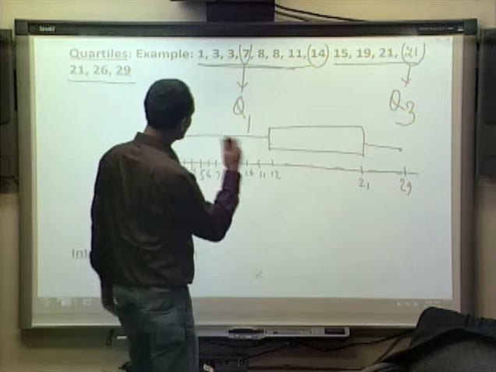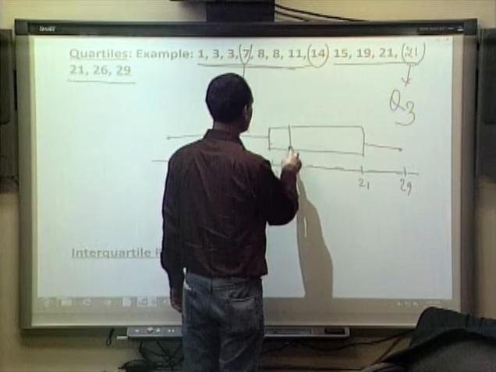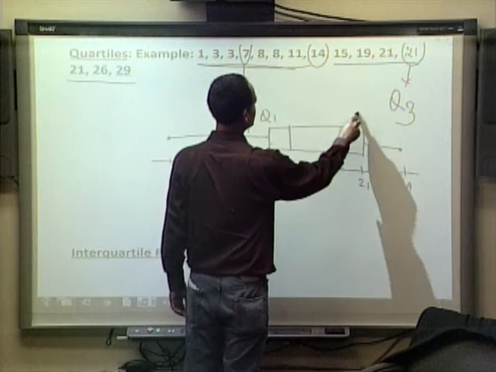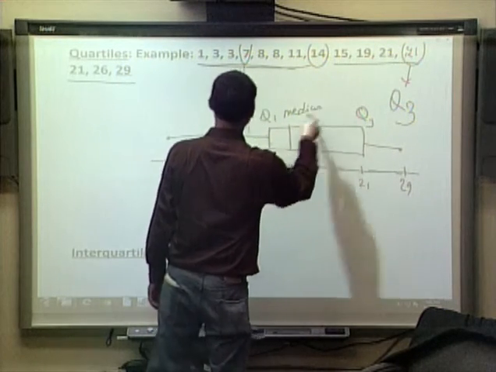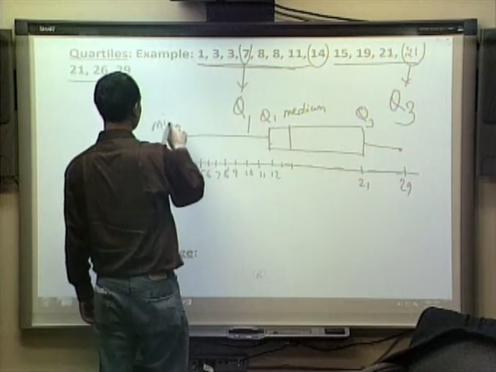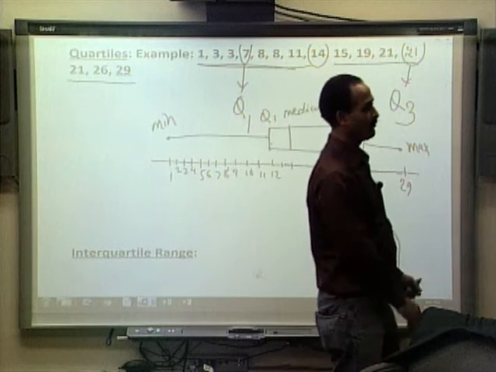Now, the median is 14. So, this is 12, this is 13, this is 14. So, this is the median. This is Q1, this is Q3, this is the median, this is the minimum, and here is the maximum. This is what we call a box plot.